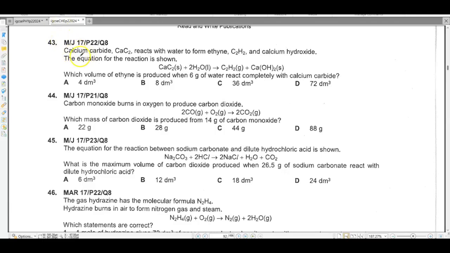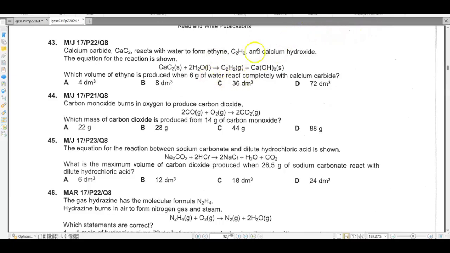Question number 43. Calcium carbide reacts with water to form ethine and calcium hydroxide. The equation for this reaction is shown. Which volume of ethine is produced when 6 grams of water react completely with calcium carbide? We have to find the volume of ethine with the help of the mass given to us of water.